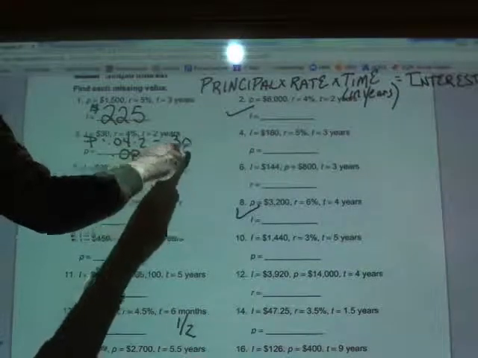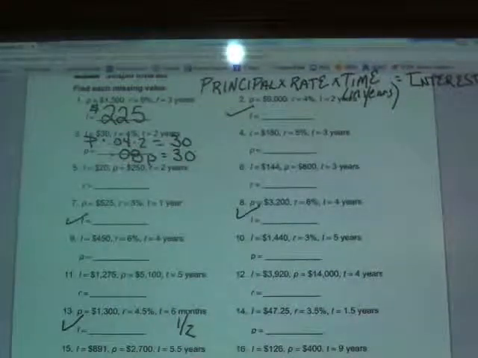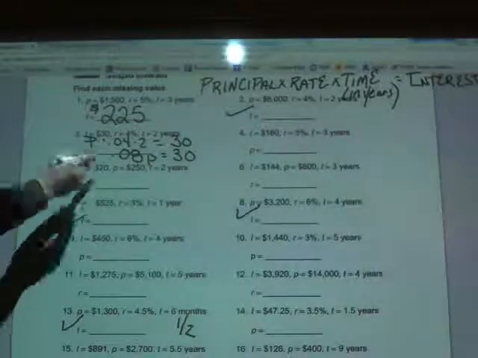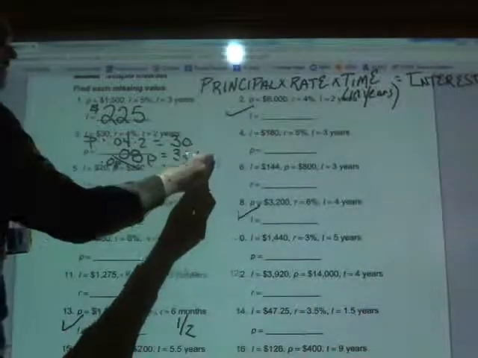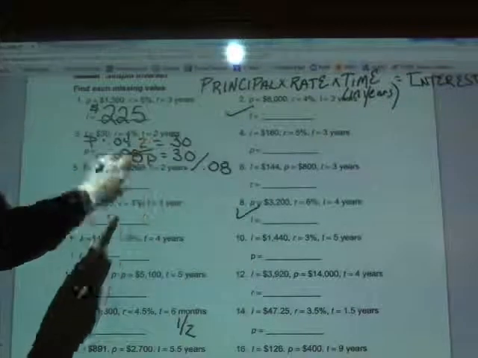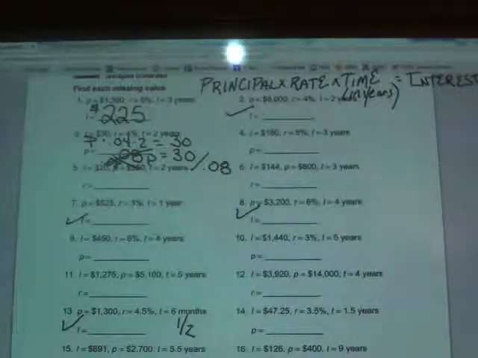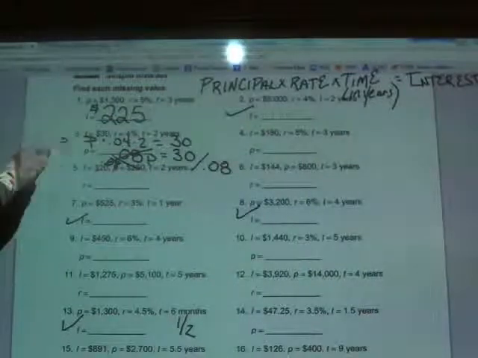And it equals 30. Well, now it looks like a one-step multiplication equation, which we're going to solve by division. Divide both sides by 0.08, and that'll get you P by itself, which is also going to be your answer. 30 divided by 0.08 changes into 375.